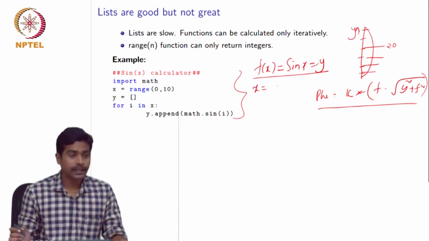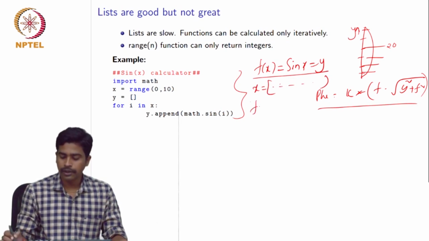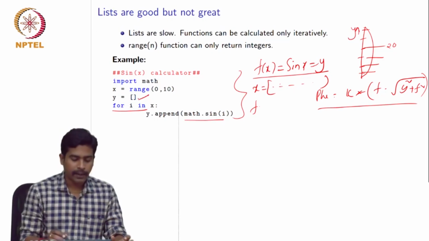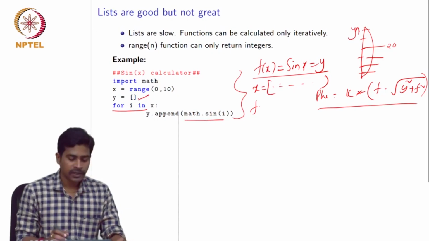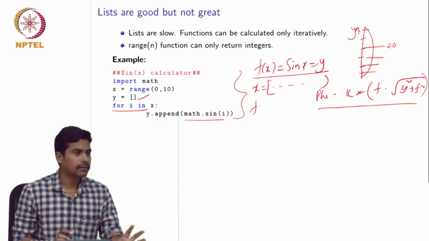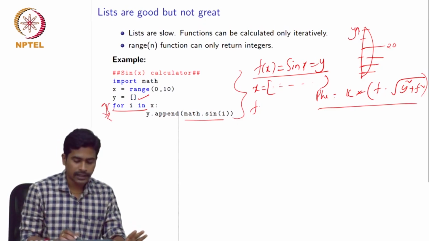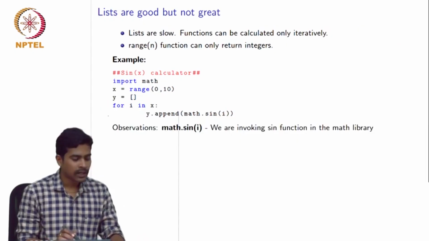In order to calculate this, we take x values from 0 to 10, use a for loop, and on each iteration we calculate the value sin x and append it to y. This is easy to write, but it takes a lot of time, especially these two lines.